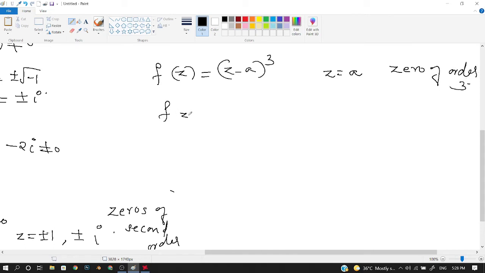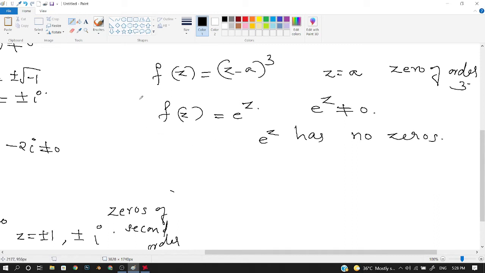Now another example. f of z is equal to e raised to z, and e raised to z is never 0. So this function e raised to z has no zeros. Now another example. f of z is equal to sin z.